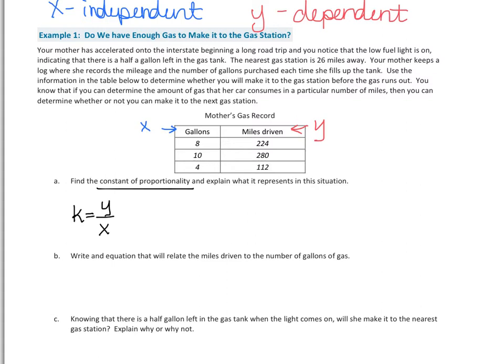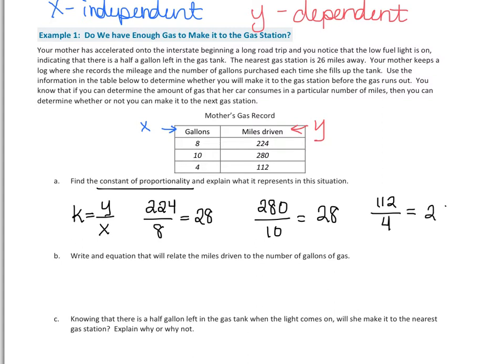I'm going to first start off with 224 miles driven divided by 8 gallons, and that would give me 28. Then I'm going to check for 280 miles driven divided by 10, which also gives me 28, and then 112 divided by 4, which also gives me 28.